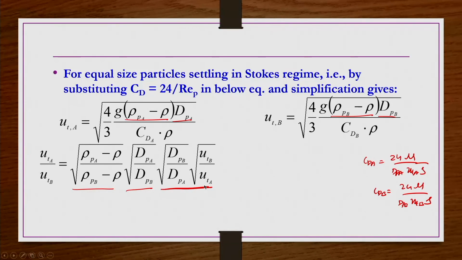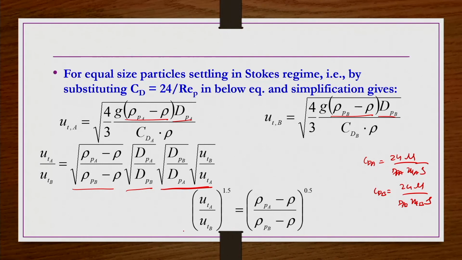then that ratio will come out to be the square root of dPB by dPA times the square root of UTB by UTA. So, UTA by UTB whole power 1.5 should come out as ((rho PA minus rho) by (rho PB minus rho)) whole power 0.5. Okay.